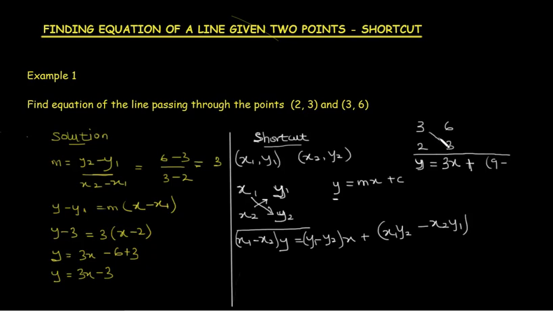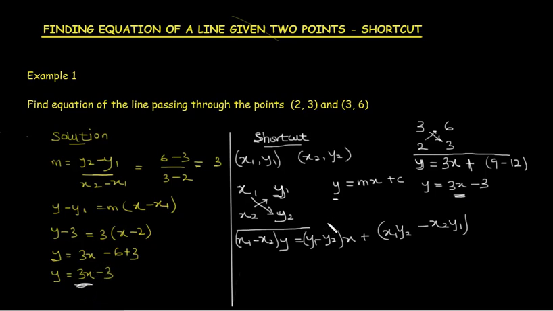So we multiply 3 by 3 and 2 by 6, and that is 12. So that our final answer becomes y is equal to 3x minus 3. Exactly like we had from the normal calculation.